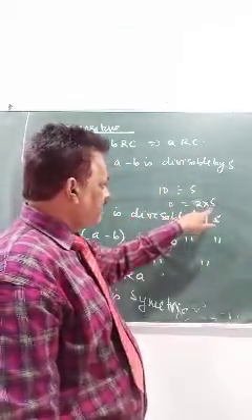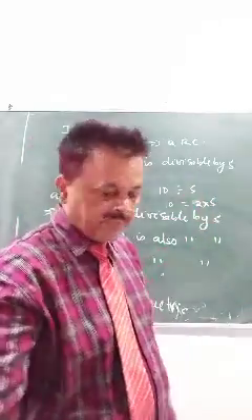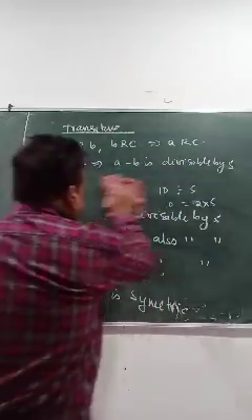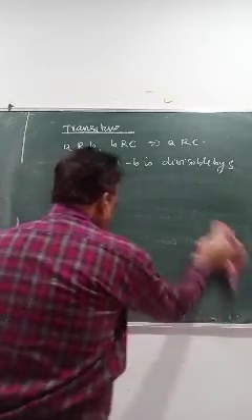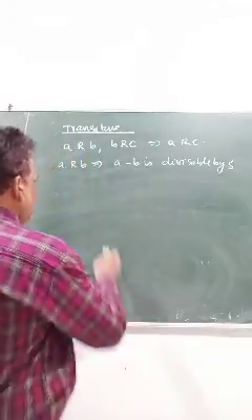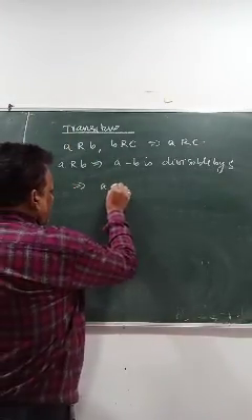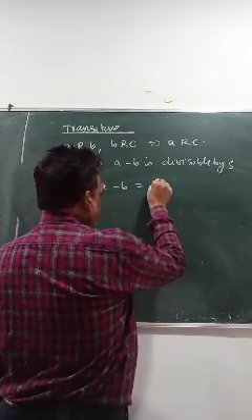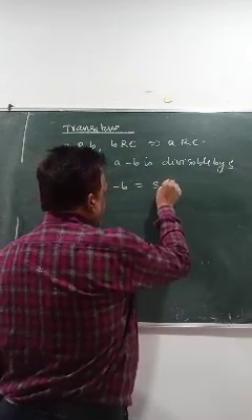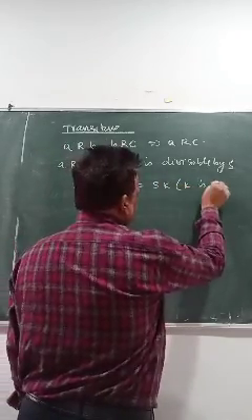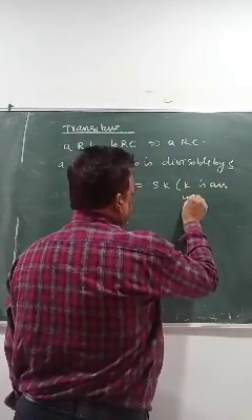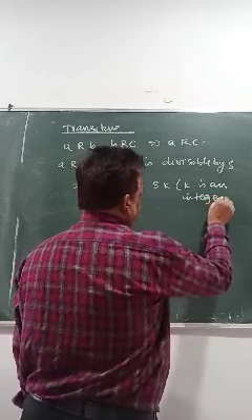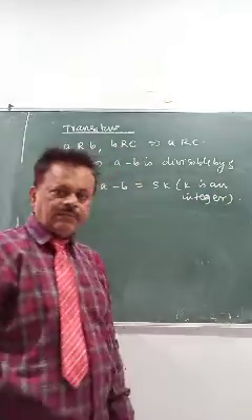So you can write A minus B equals 5k, k is an integer. This is what you write.